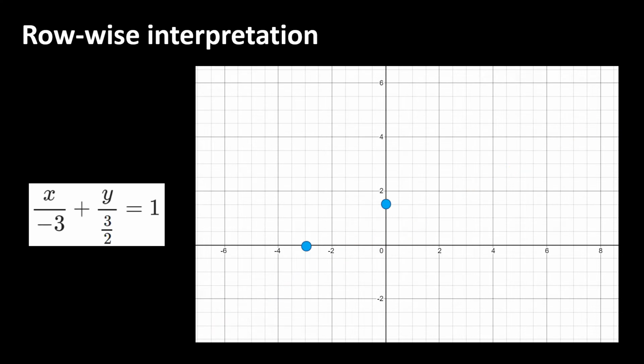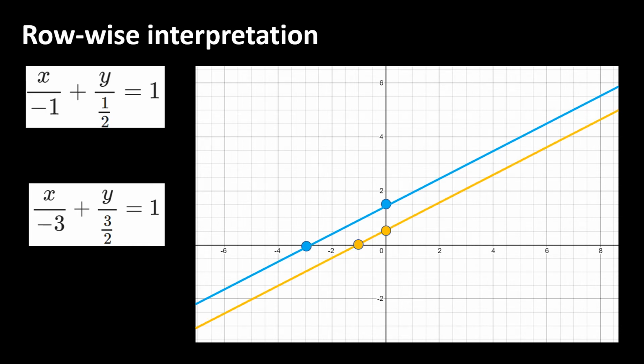Similarly, we have -3 as the x-intercept and y equals 3/2 as the y-intercept for the other line. Connect them to get the line. If you draw both lines, you can see that these two lines are parallel and there is no intersection between them. This is the row-wise interpretation of an inconsistent system in R2.